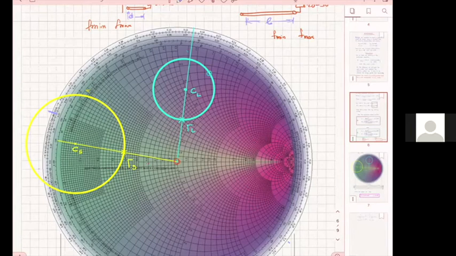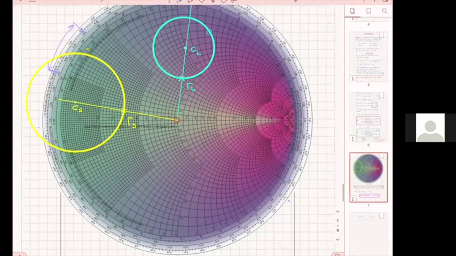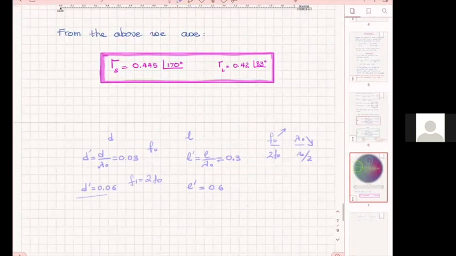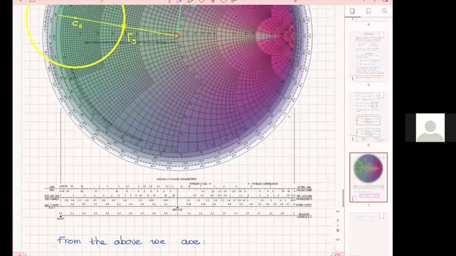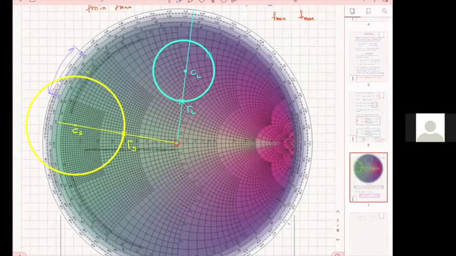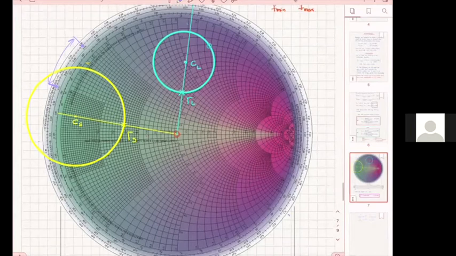And now from 0.3, I'm going to 0.6, which is here. So my length moved by this much. If I were a stub, look how much I would go from this point. That's 0.06. 0.6, yes, here.